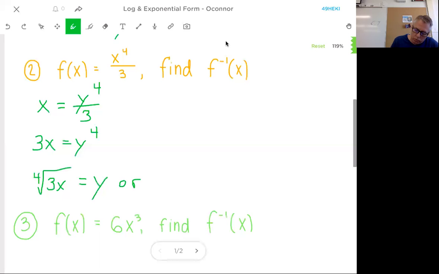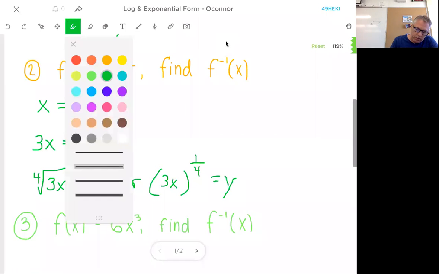Or some of you did both sides to the 1/4 power, which is perfectly fine. So some of your answers could look like this: 3x to the 1/4. And both of those mean the exact same thing. But you do need the parentheses here.